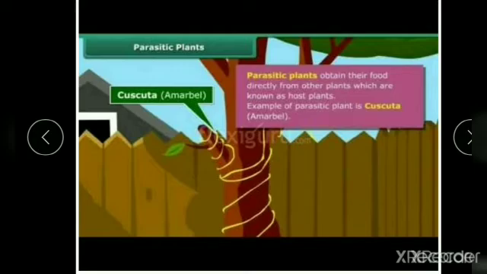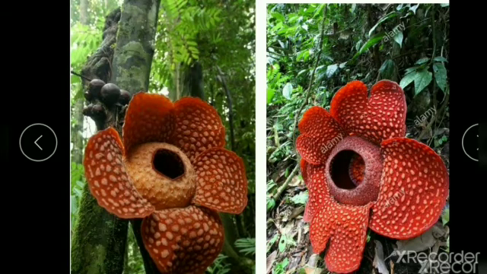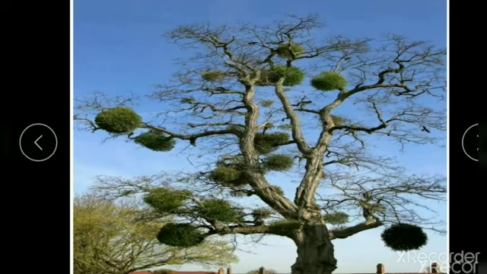They grow on other trees and take energy from them. That is, parasitic plants obtain their food directly from other plants, which are known as host plants. For example, Rafflesia are total parasites, while plants like mistletoe are partial parasites. Mistletoe grows on the branches of trees.